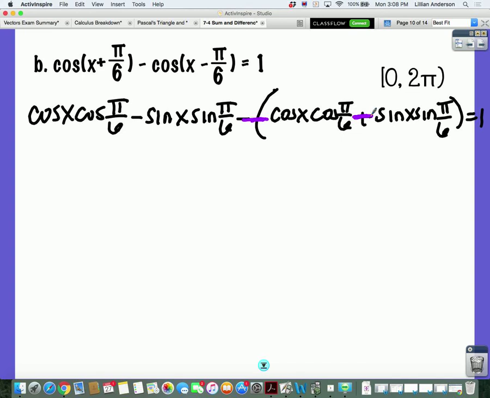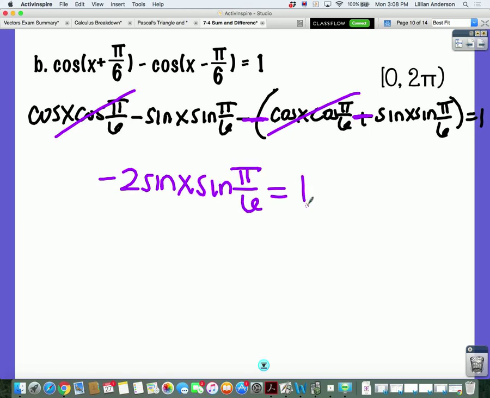So then, technically, these two terms are going to cancel out, but these can be combined. So you have a negative 2 sine x sine pi over 6 equals a positive 1. Now, will terms always cancel out? No, they won't. But you just simplify, combine like terms, and just go from there.